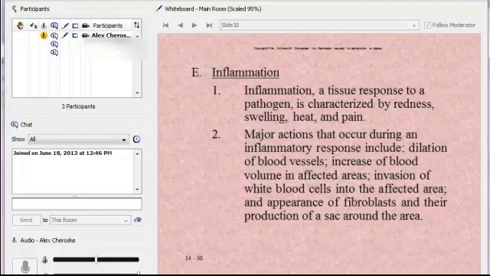Fibroblasts will actually start secreting fibers to kind of wall off the area as well. It kind of seals off the area so that hopefully the bacteria can be contained within that little infected area as well. Okay, so inflammation is another example of our second line of defense that is internal and non-specific.